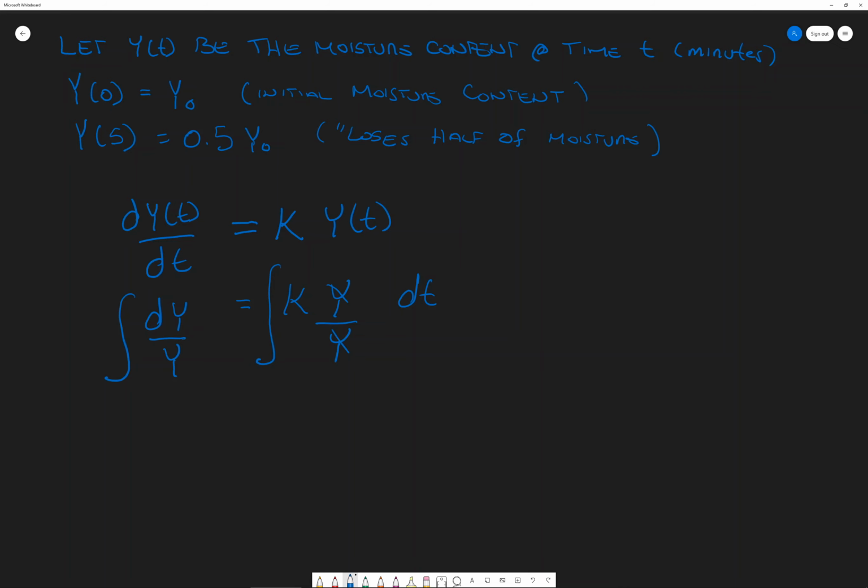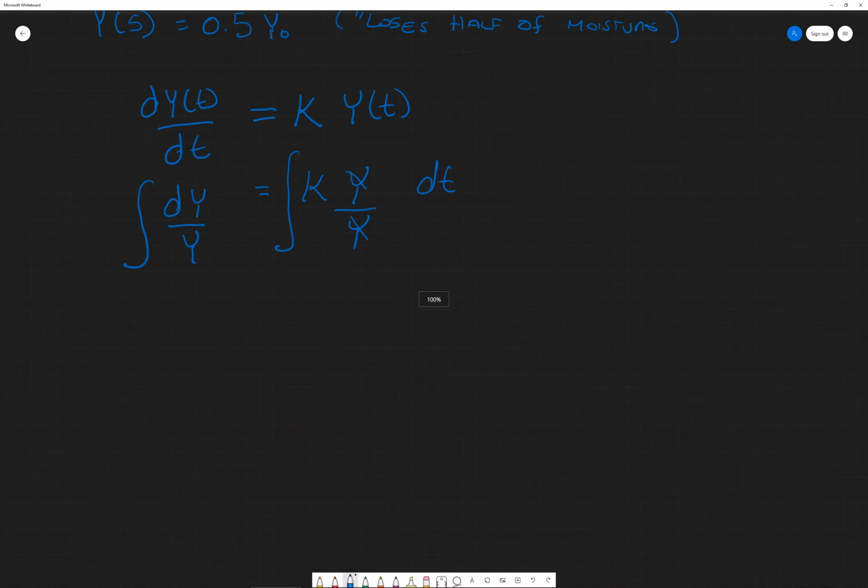Okay, so really, what does this look like? Let me just move this up a little bit here. This is the integral of 1 over y dy is equal to k integral dt. Well, what's the integral of 1 over y? The integral of 1 over y is ln magnitude of y.